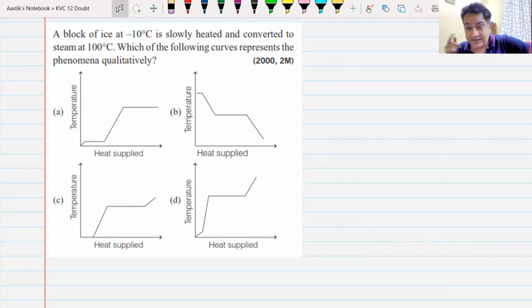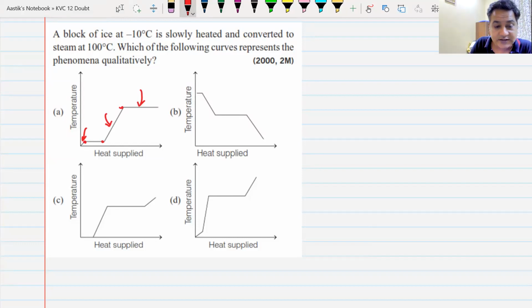Ice is heated slowly. First of all, look at this small line. The temperature will rise, then it will reach its melting point, then it will melt, then the liquid temperature will rise, then it will reach its boiling point. Do we understand this? So the correct option is option A.